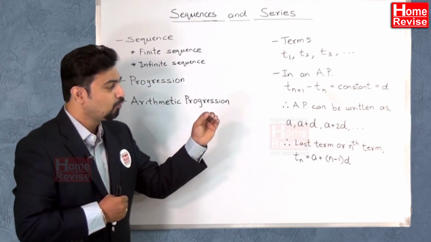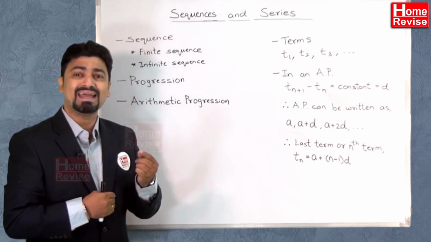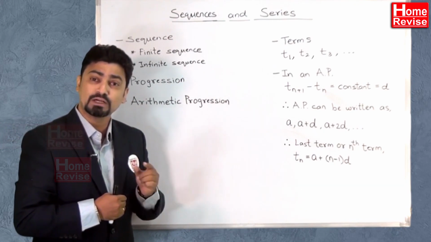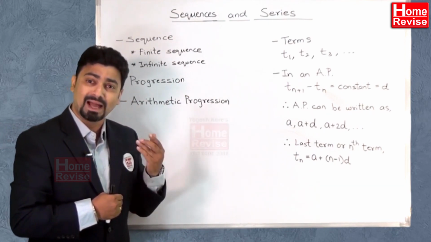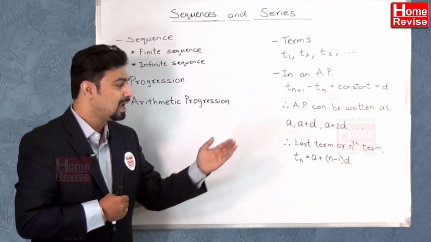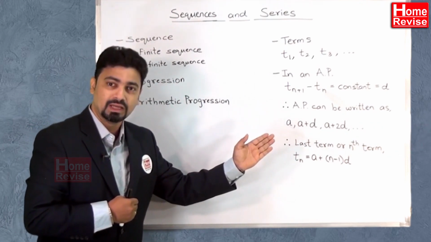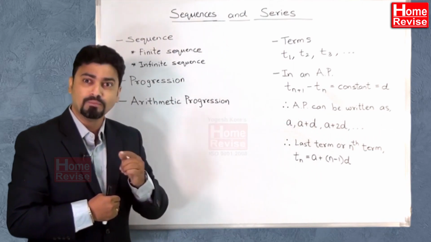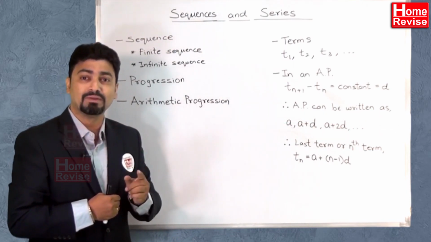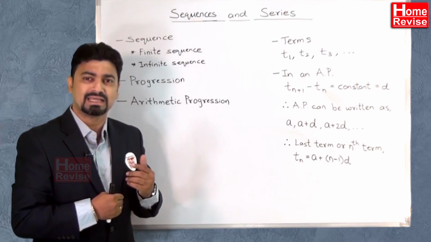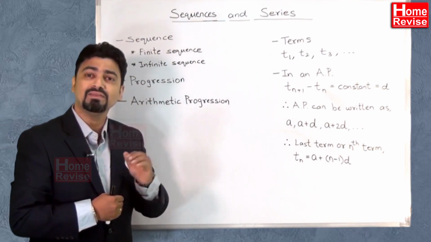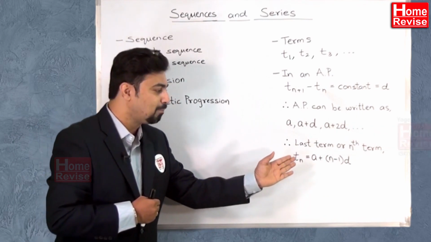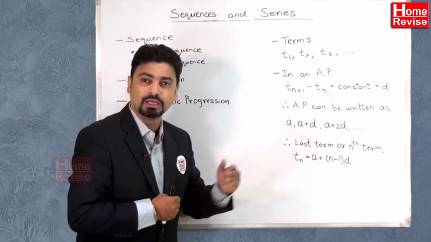Now, AP therefore can be written as, if I take a, that is small a, as my first term, D as the common difference, then my AP can be written as a, a plus d, a plus 2d, and so on. From this, I have also derived the last term, or I can say the nth term. The nth term is hence written as Tn is equal to a plus n minus 1 into d.